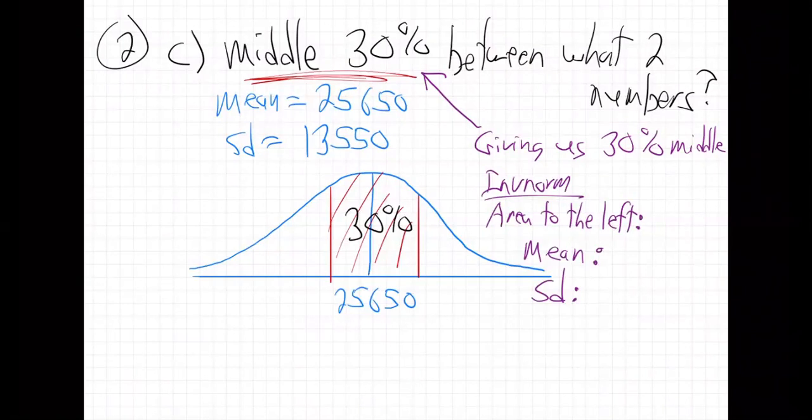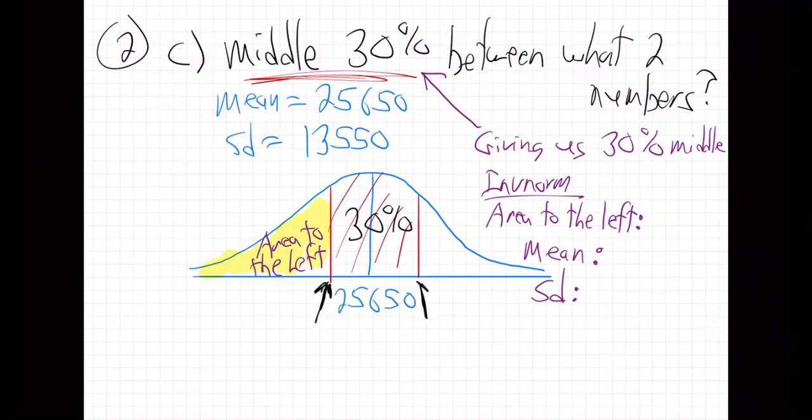What I specifically mean is this area, right? This is area to the left. What area of the curve is to the left? Because what we want to do is find these two spots. They're asking us for the two spots.